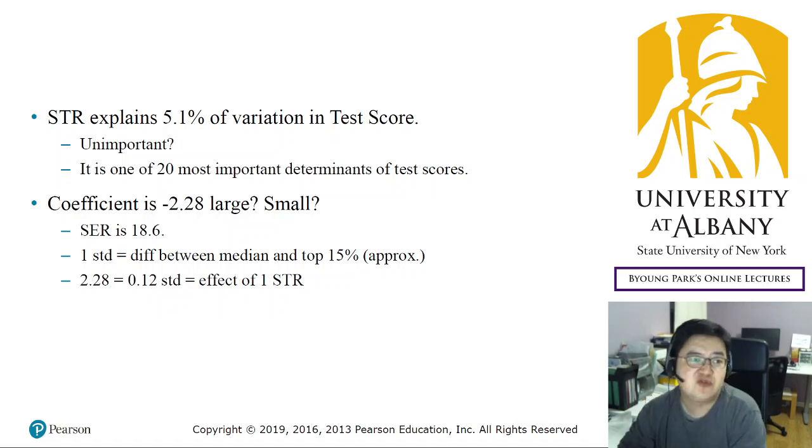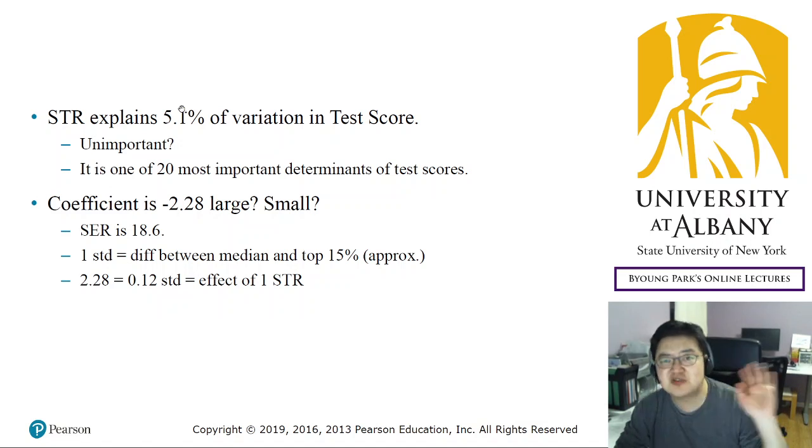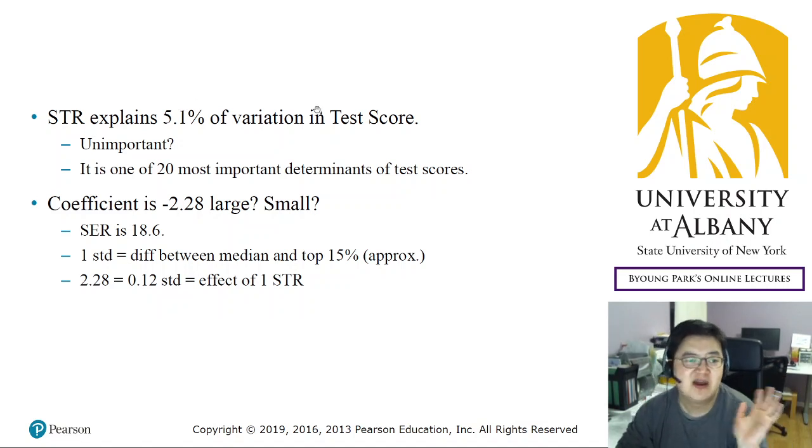Okay, so that's how you interpret the R squared. By the way, it's just my personal opinion. I'm not an expert in education, so education researchers may think differently. But I'm giving you an example of how to make a judgment based on the R squared.